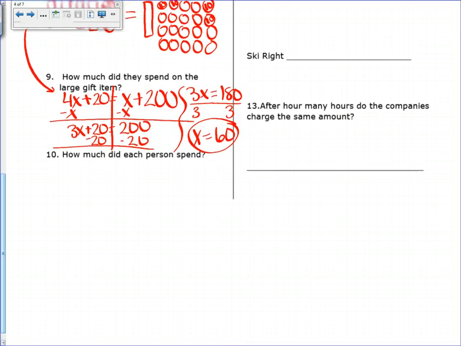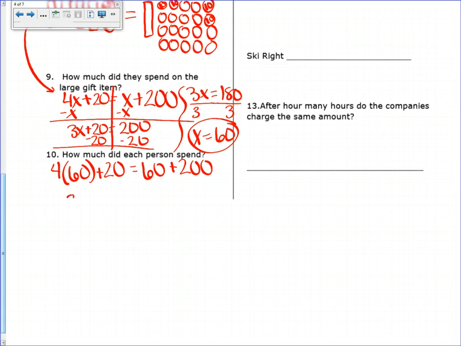So number 10, how much did each person spend? To find that out, we're going to replace all of our x's with 60 because we know each x is $60. So 4 times 60 plus 20 is Maggie, and then Melanie is 60 plus 200.